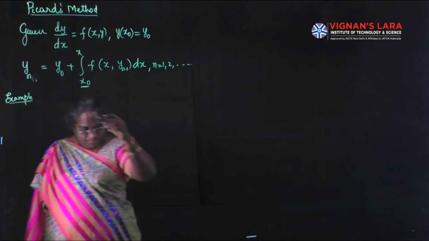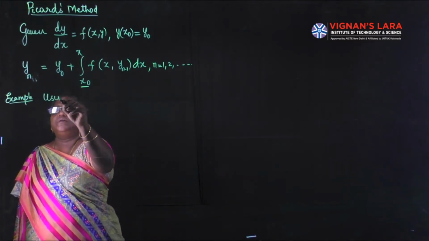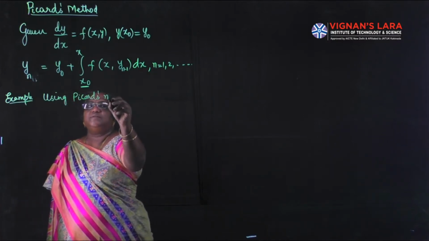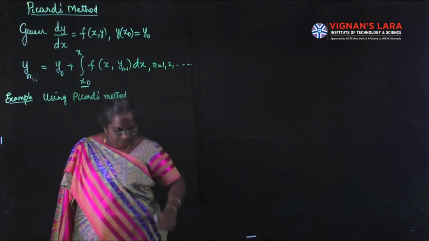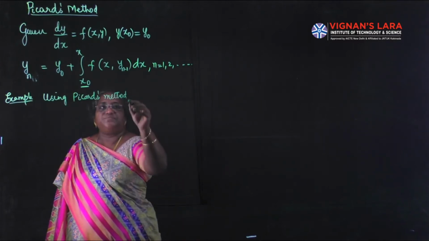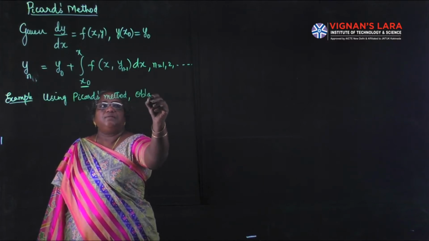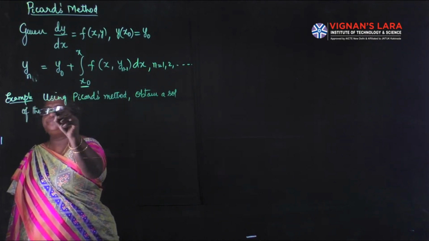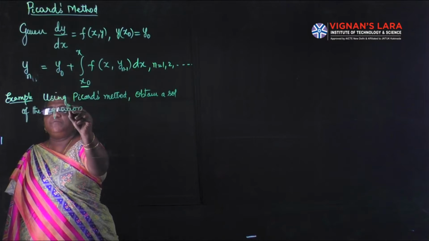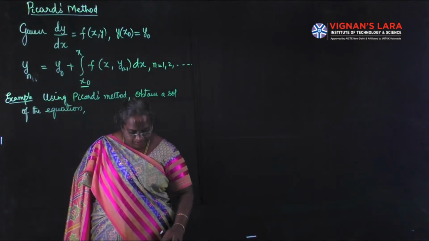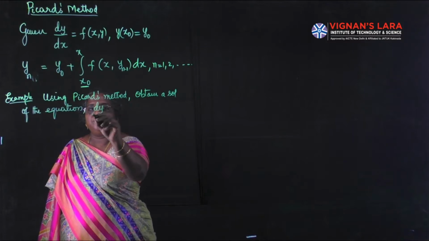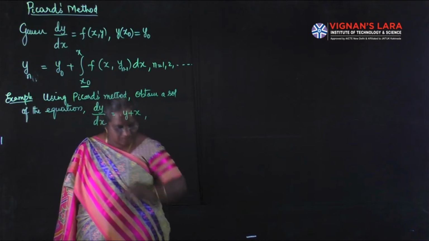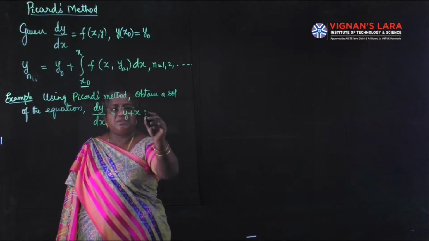Using Picard's method, or Picard's successive approximation method, obtain a solution of the equation dy by dx is equal to y plus x, such that y of 0 is equal to 1.